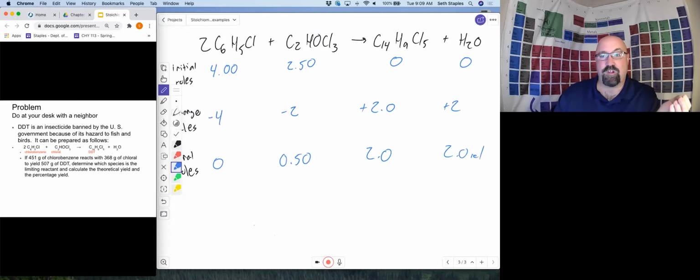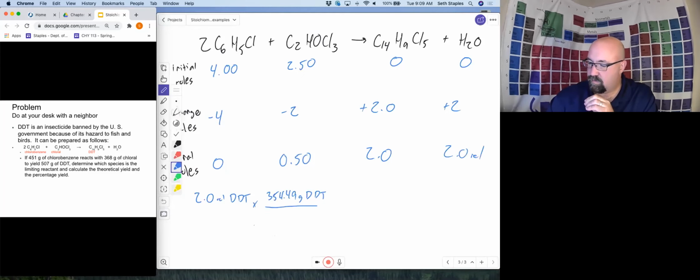To calculate my theoretical yield, I'm now going to take those 2.0 moles of DDT, multiply that by the molar mass of DDT, which is 354.49, for a final theoretical yield of 708.98 grams of DDT.